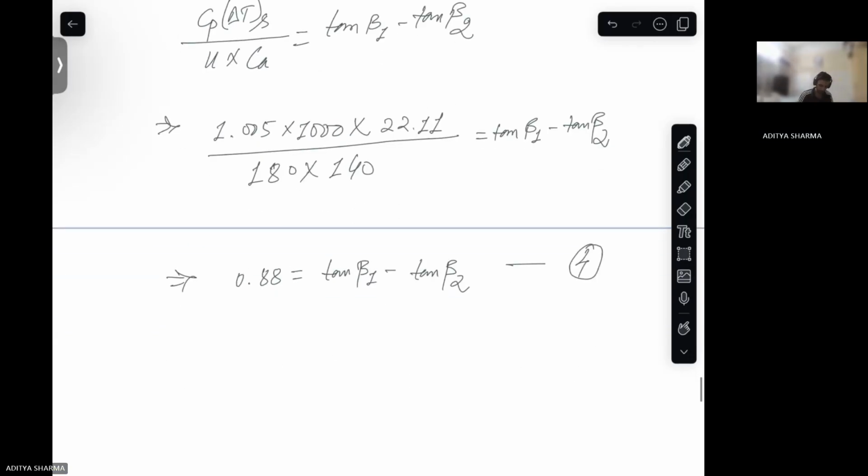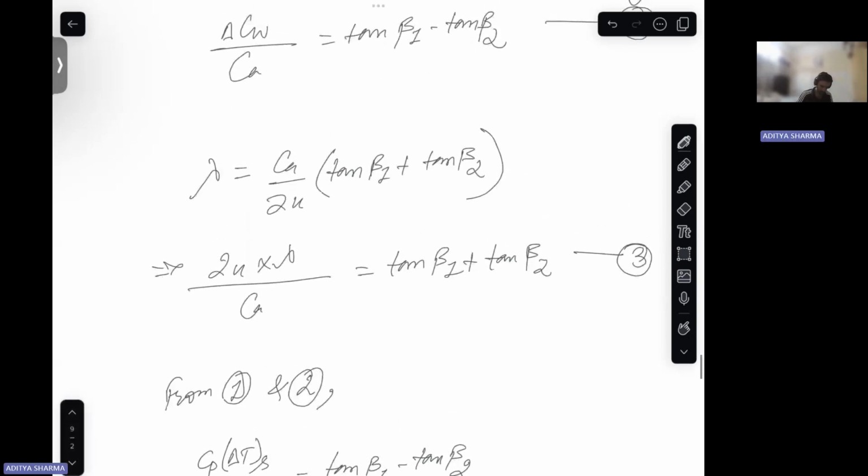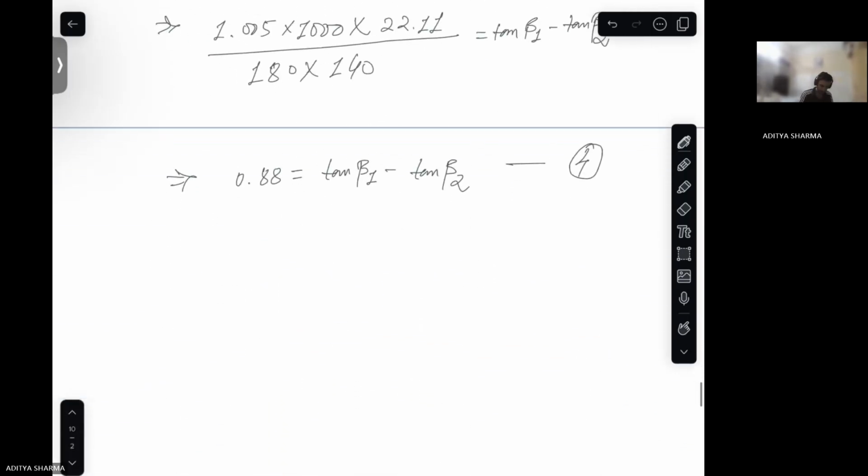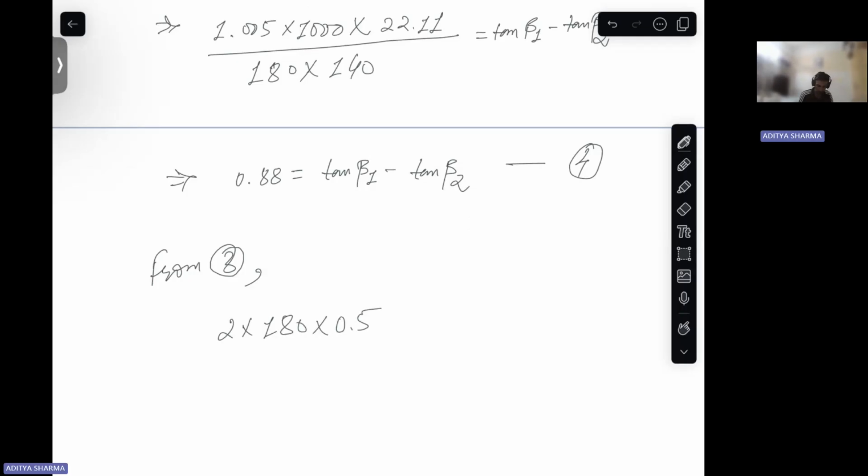Now, this is it. Then from the third equation, we have 2 into 180 into, because blades are symmetrical, in that case your degree of reaction will be half, equal to tan beta 1 plus tan beta 2.